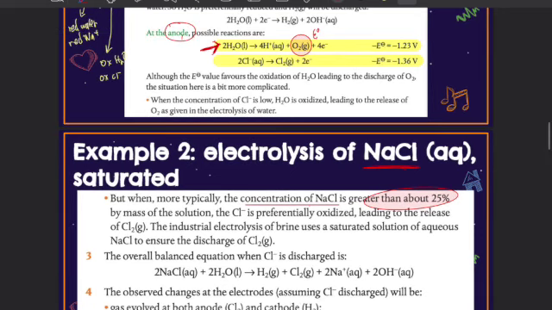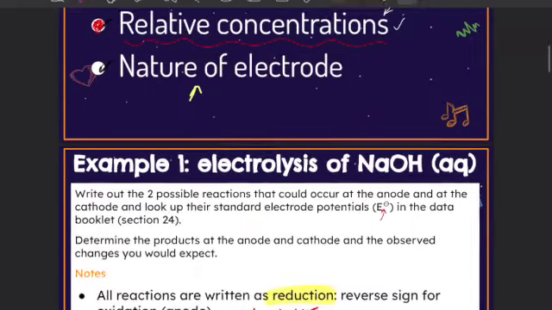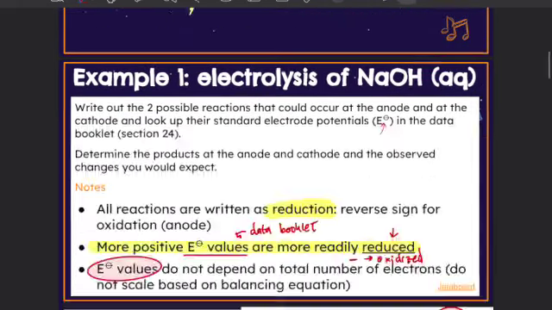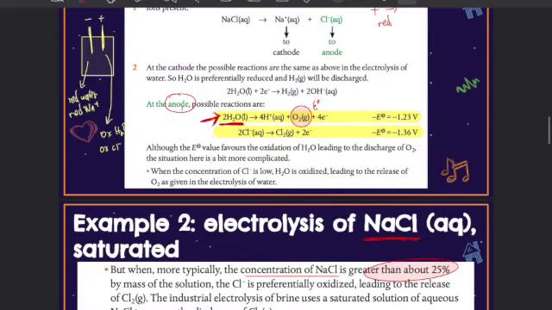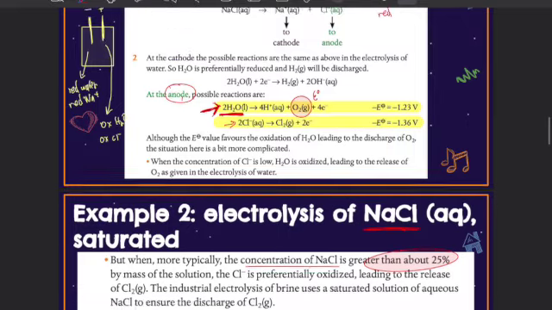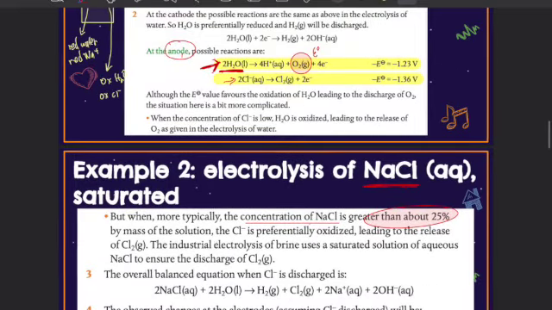When you do that, even though H2O should win in terms of electrode potential, the thing that takes priority is the relative concentration. And what actually ends up winning is the oxidation of chlorine. So instead of getting O2 gas, you end up getting chlorine gas. This has industrial uses, like it mentions here.